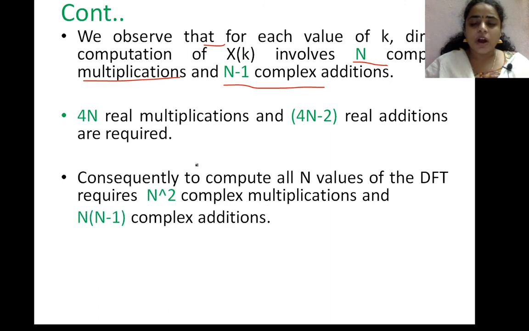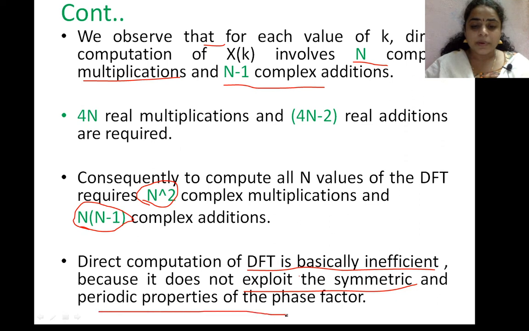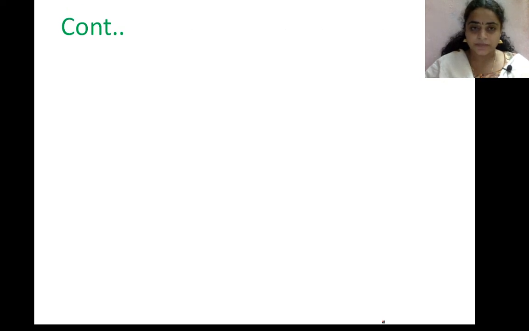Consequently, to compute all n values of the DFT requires n square complex multiplications and n into n minus 1 complex additions. This is very high, and because of this much computational complexity, we can say that this algorithm is very inefficient because it doesn't exploit the symmetric and periodic properties of the phase factor.